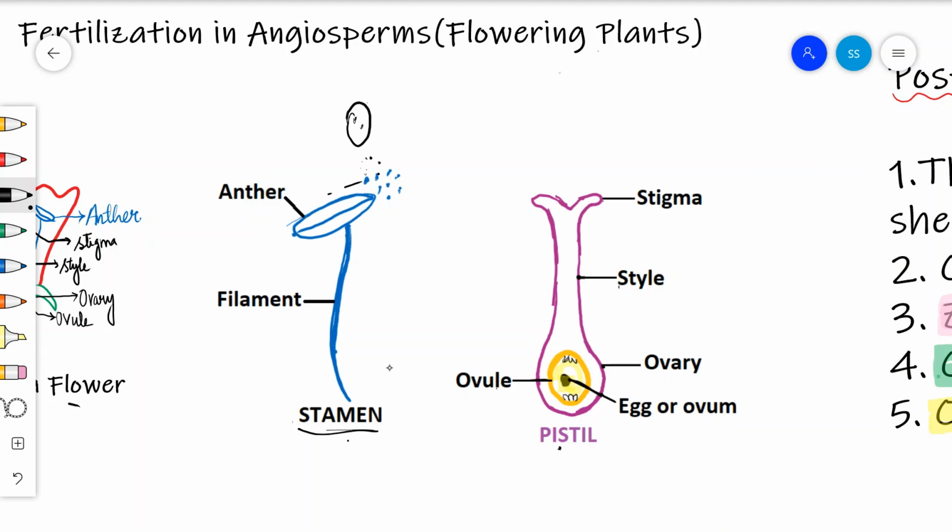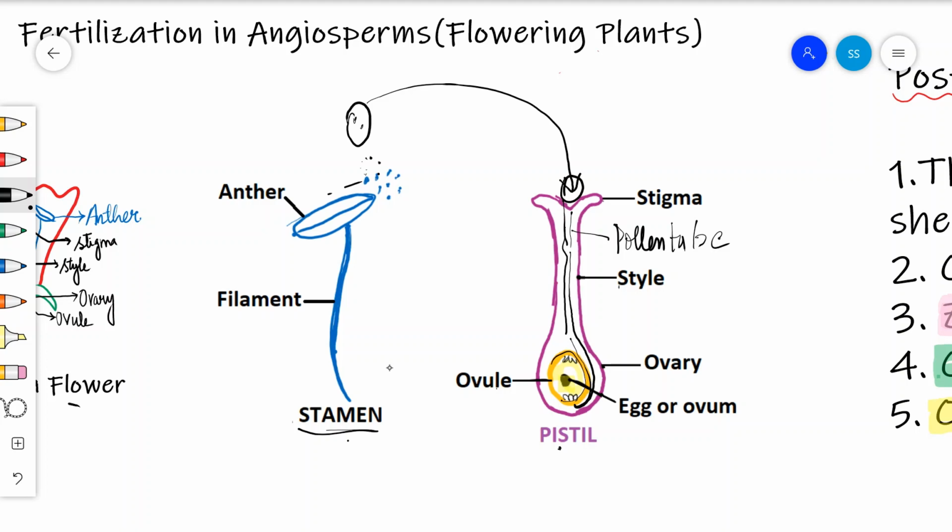Once this pollen gets transferred, pollination takes place. When the pollen lands on the stigma of a flower belonging to the same species, the pollen produces a tube which is known as the pollen tube. The pollen tube then grows down through the style carrying the male gametes and enters the ovule.